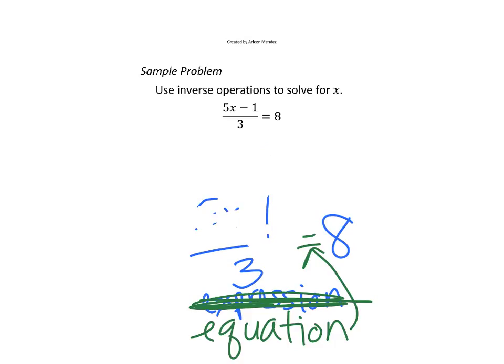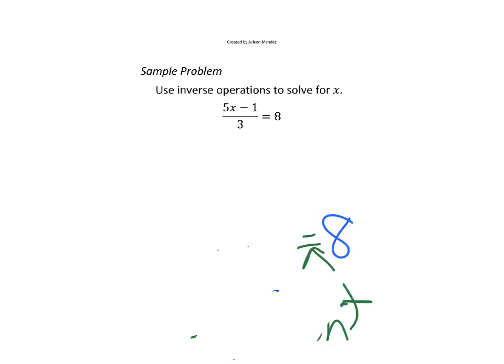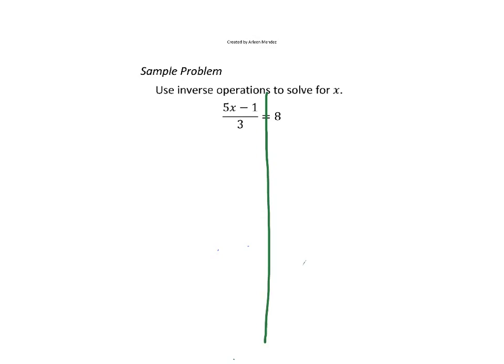All right, let's go ahead and look at this problem here. It says use inverse operations to solve for x. The first thing that we're going to do is to draw that line straight down the middle where the equal sign is at. And that's just going to help us keep everything balanced, right? Whatever we do to this side, we have to do to this side to keep it equal.